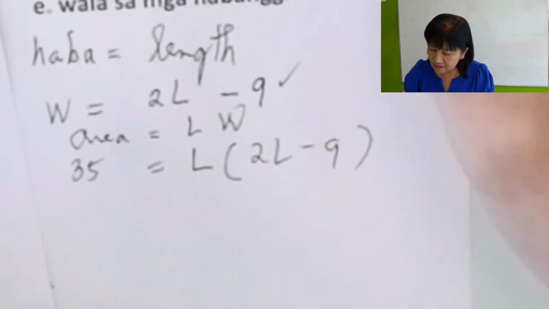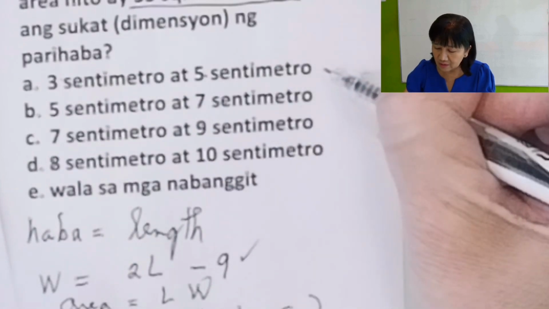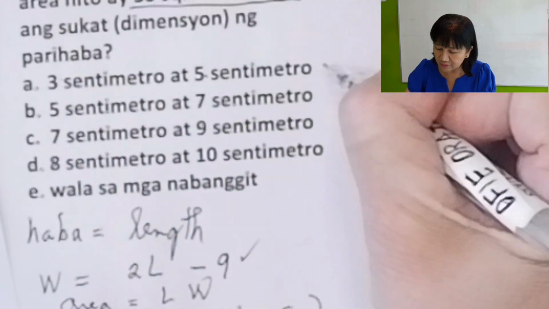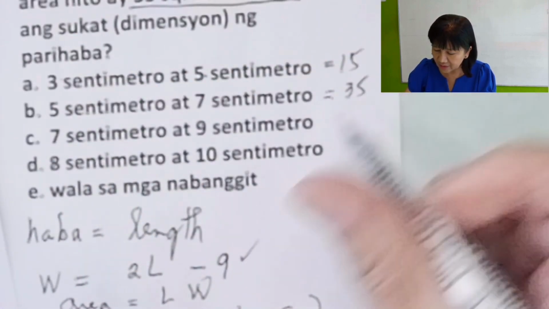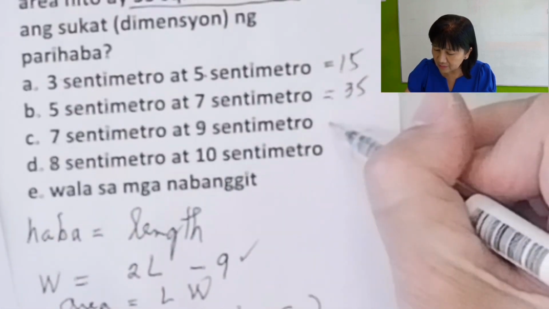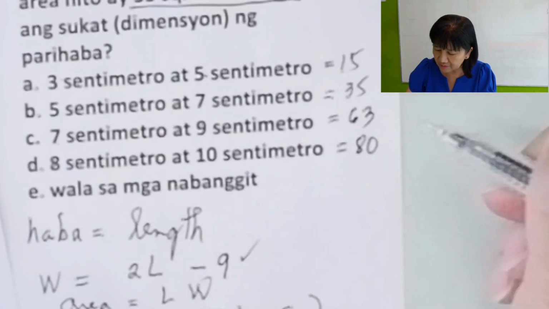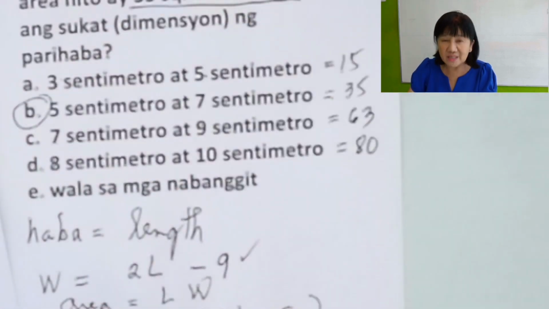But let's just take a look at the choices. 3 times 5 will not give you an area of 35. It will give you 15. 5 times 7 will give you an area of 35. 7 times 9 will give you 63. 8 times 10 will give you 80. So the correct answer is letter B.